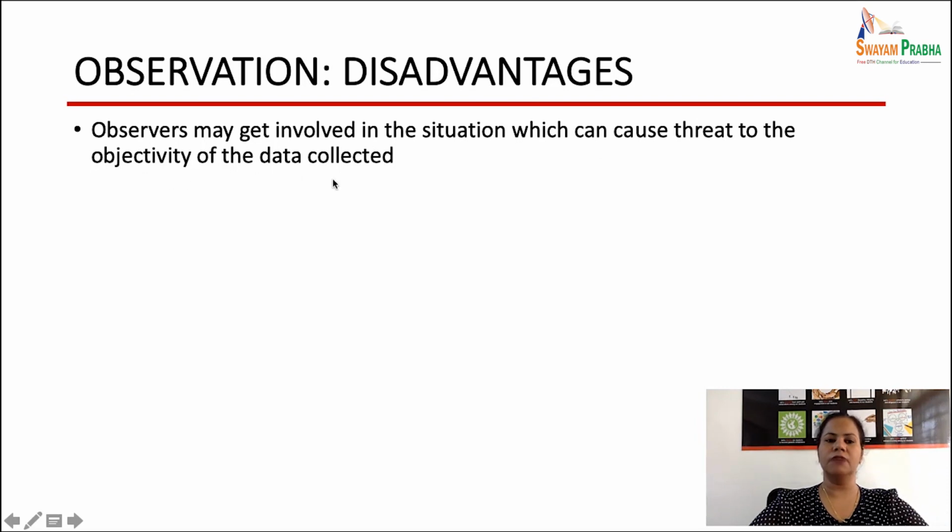Particularly if the observer is a participant observer, he may get involved in the situation, and the objectivity of the data can be affected, because he may get emotionally involved and may not collect the data without bias.